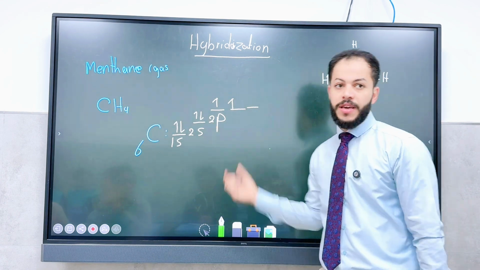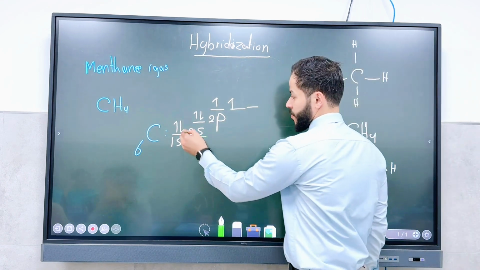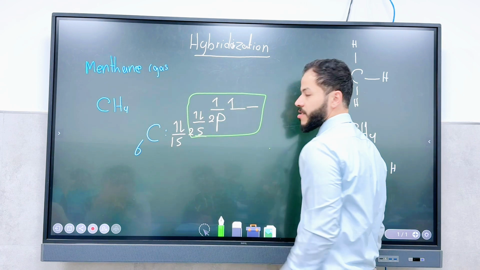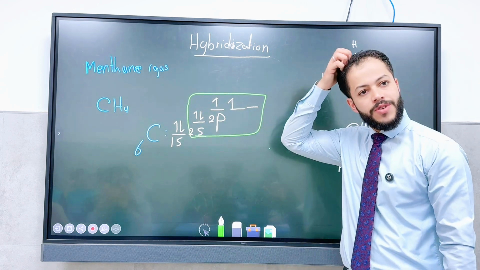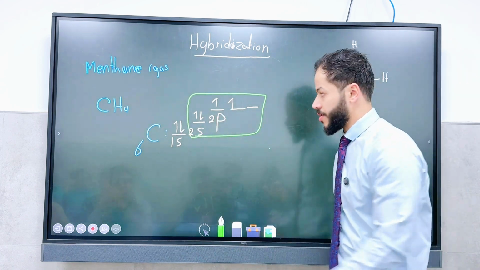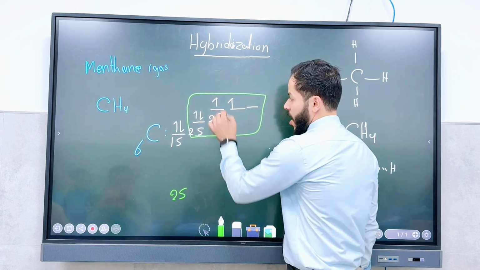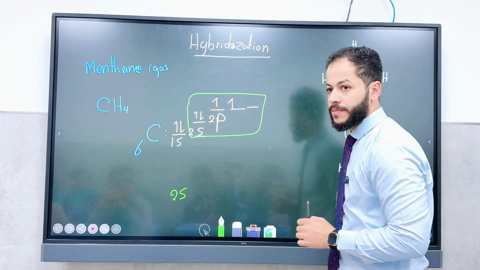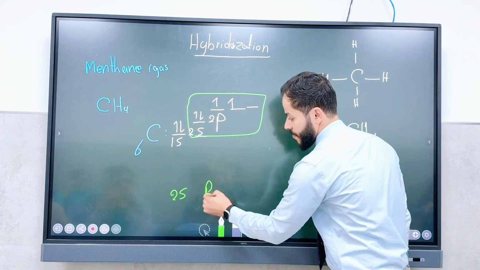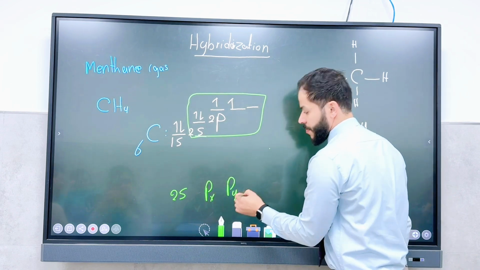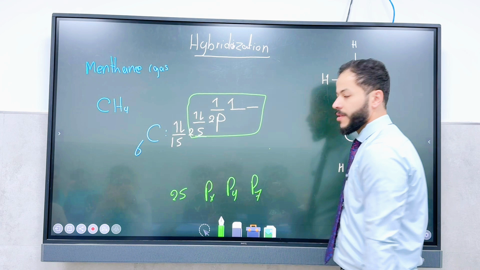The valence orbital here, guys, is what? 2s2p. This is the valence shell, with 4 electrons in the outer energy level, right? So these are the valence electrons. So what actually happened? The 2s orbital here, and how many orbitals are in the p? 3. So px, py, pz, right?